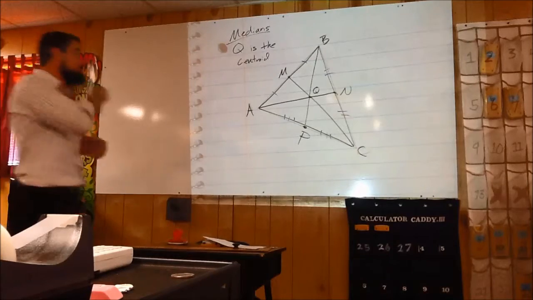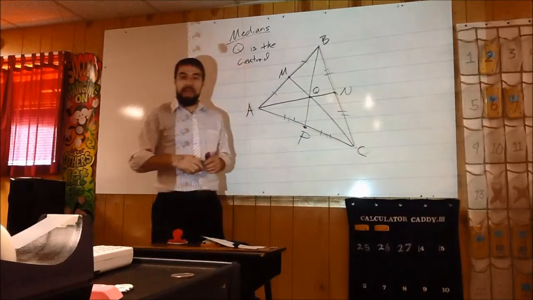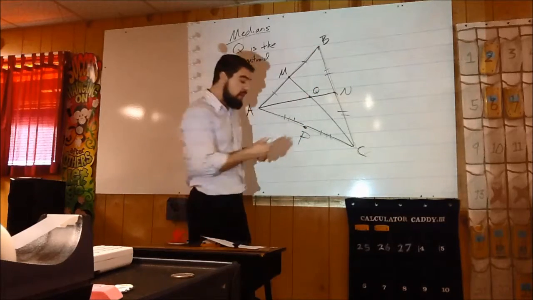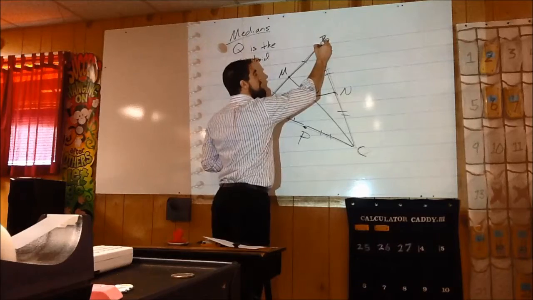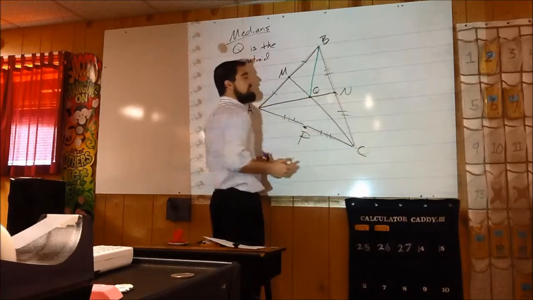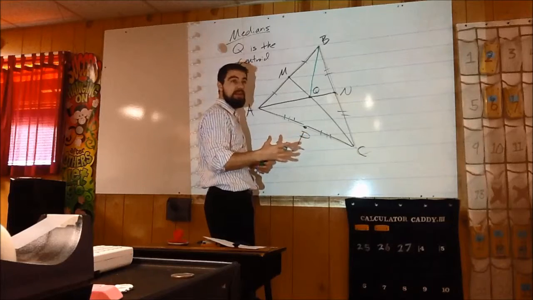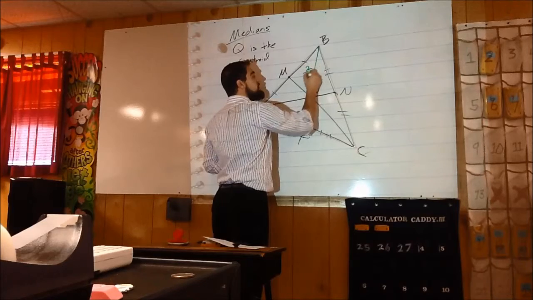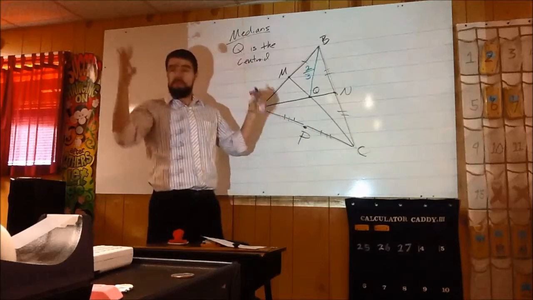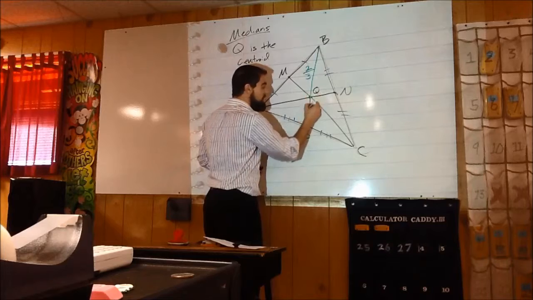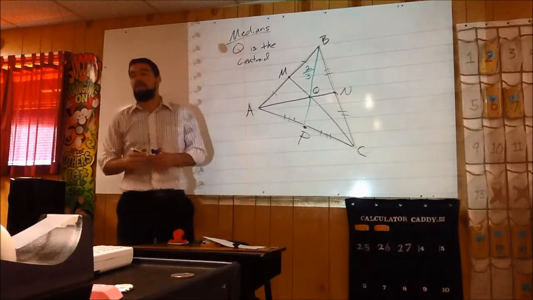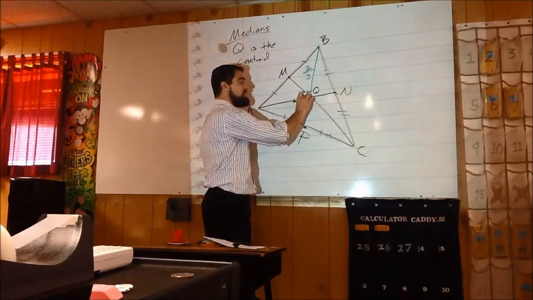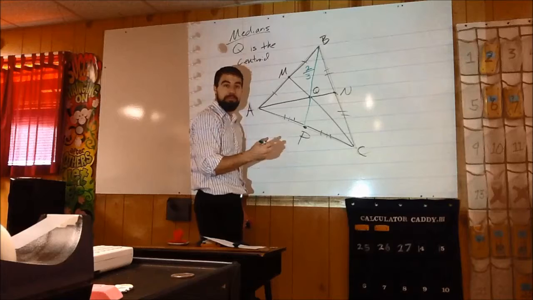This centroid is very unique, and it breaks these medians up into two parts, and the larger part is always going to go from the vertex to the centroid. This is always going to be the larger part of the median. And this is actually 2/3 of the whole length of the median. It will always be 2/3 of the whole length of the median. So what does that leave left over for the distance from centroid to the midpoint? 1/3.